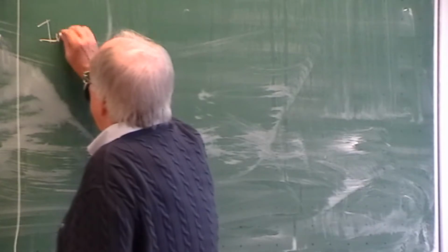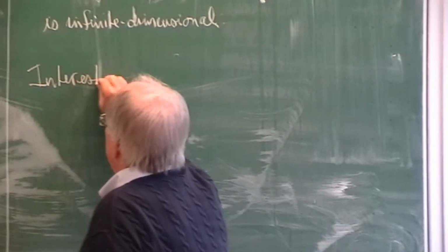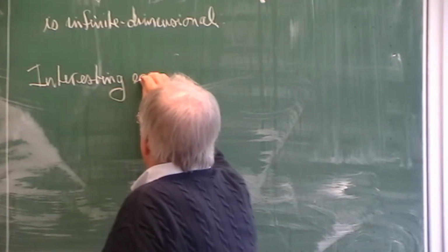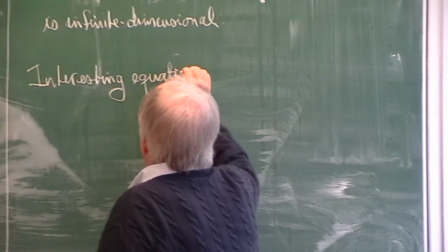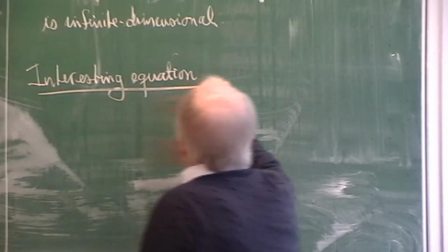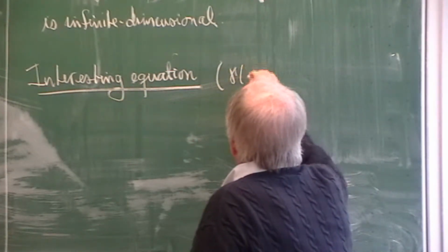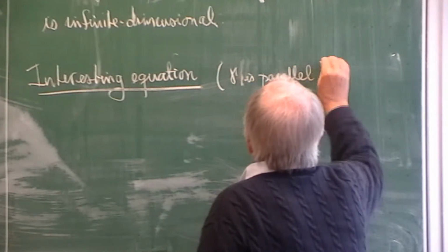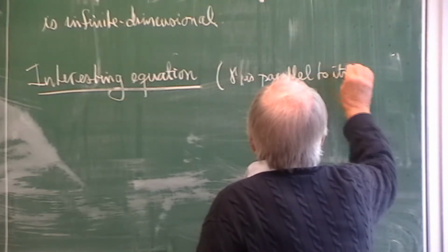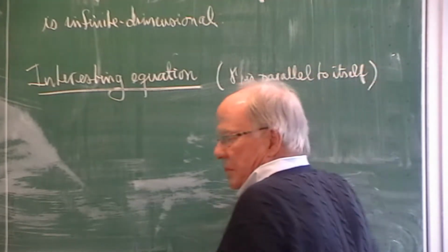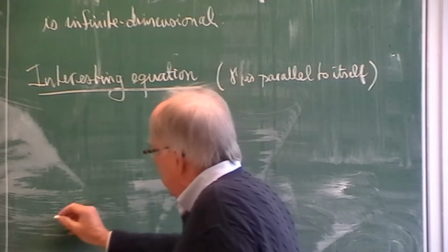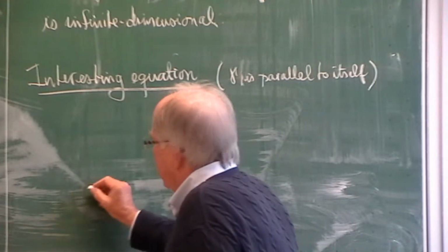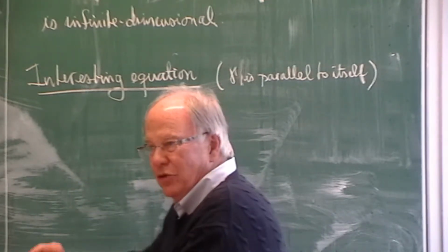So an interesting equation: gamma is parallel to itself. That means that if you move along gamma, the field of gamma doesn't change under parallel transport.